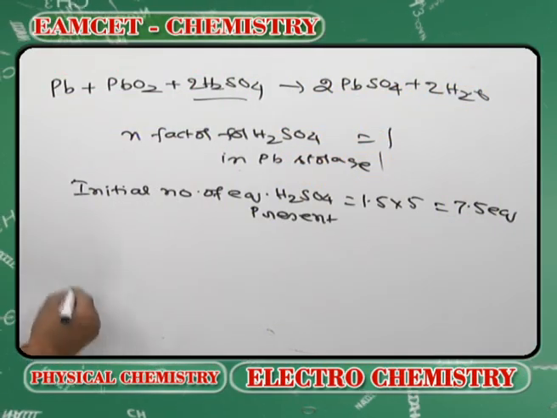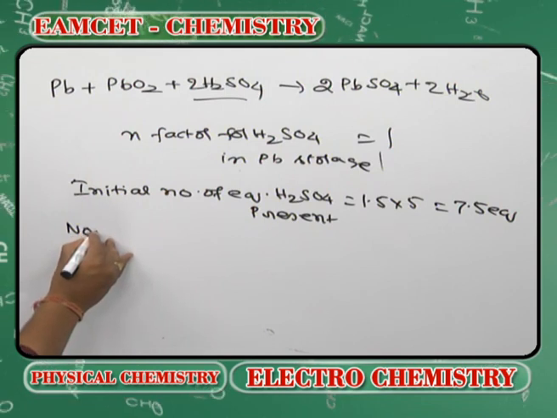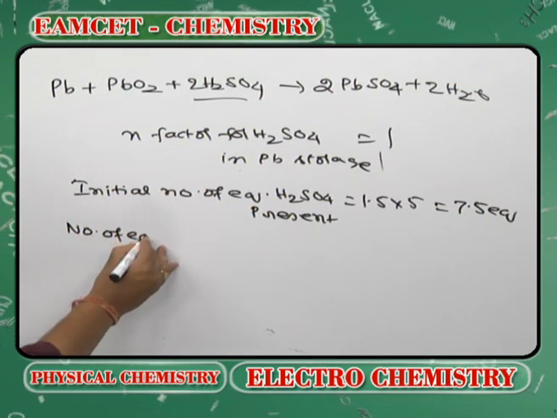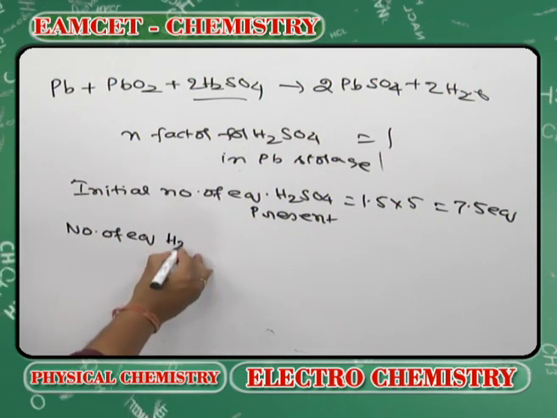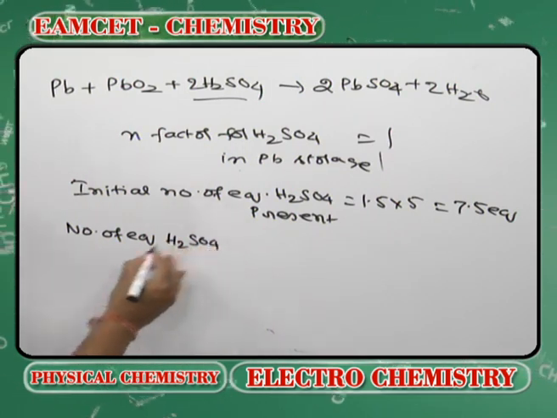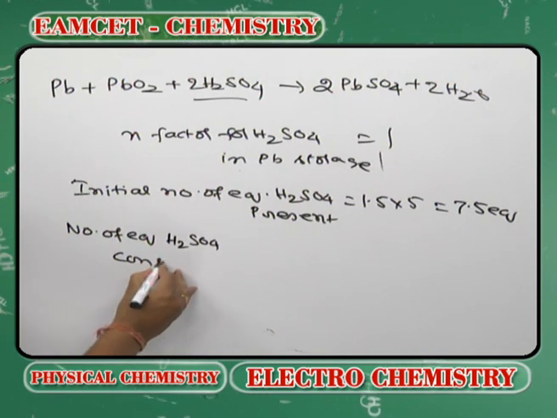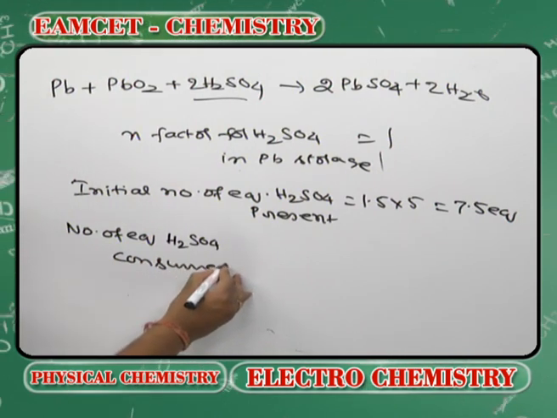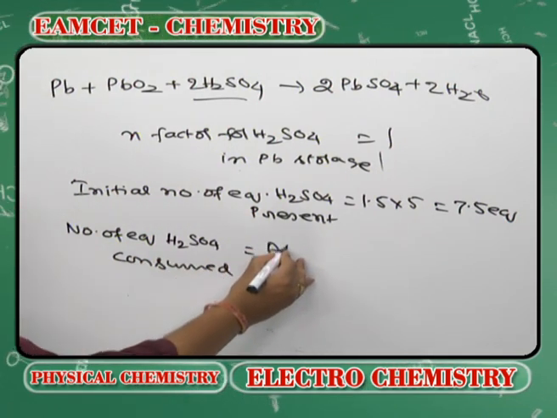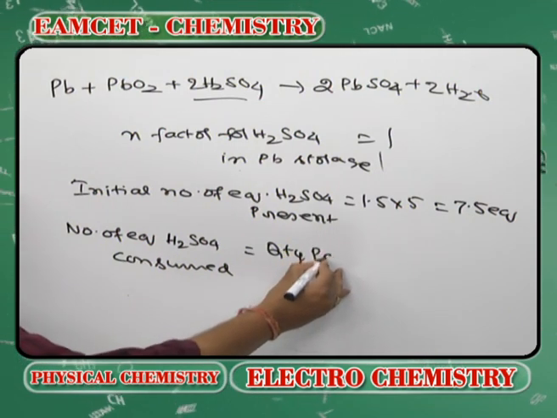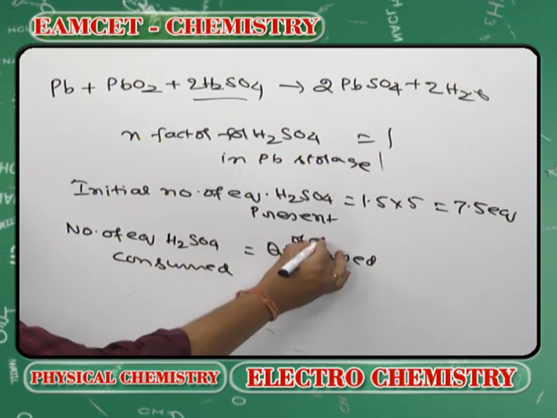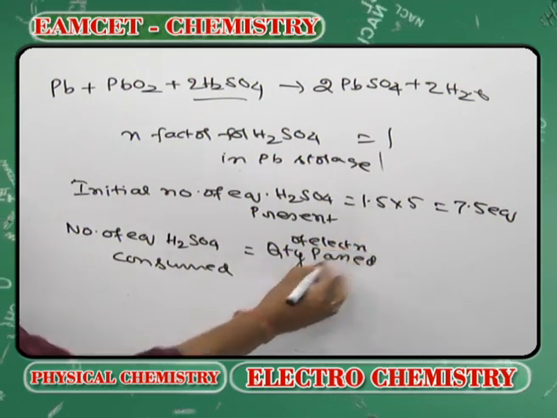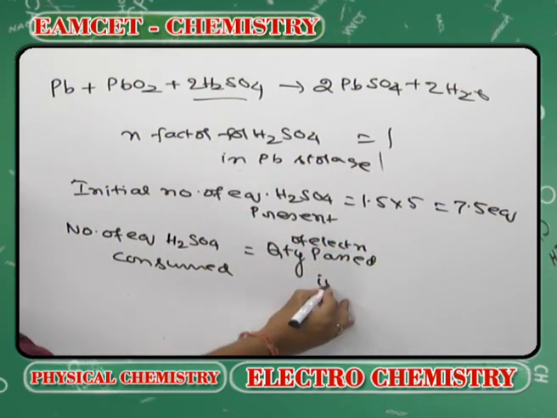The number of equivalents of H2SO4 consumed will be equal to the quantity of electricity passed, in Faradays.